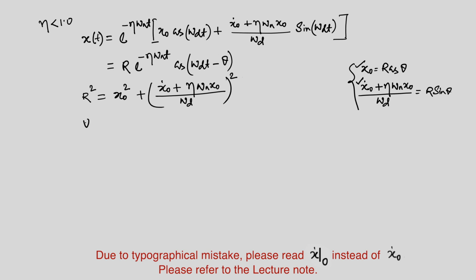And what about theta? Theta will be equal to tan inverse, it is the phase. So, it will be x naught dot plus eta omega n x naught divided by omega d times x naught. So, this is the amplitude and this is phase.